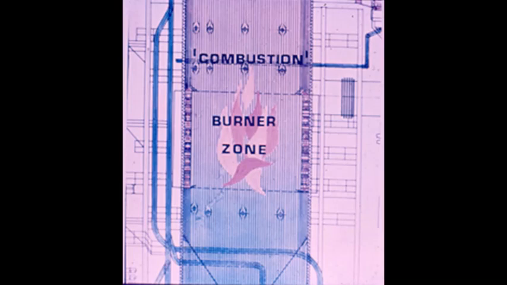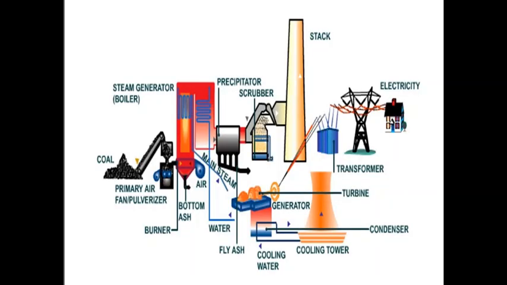The flue gas, the post combustion product, gradually transfers its heat and gets cooled, flows through the furnace and then the second pass, and with the help of an exhaust fan called the induced draft fan, it is exhausted to the atmosphere through a chimney.